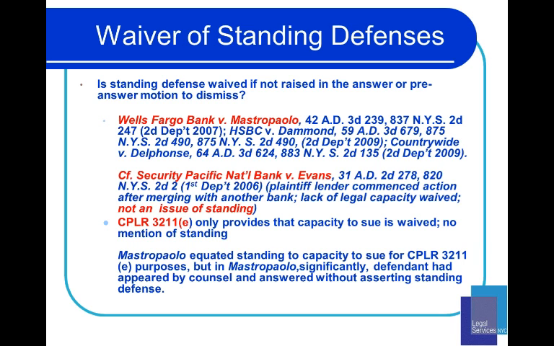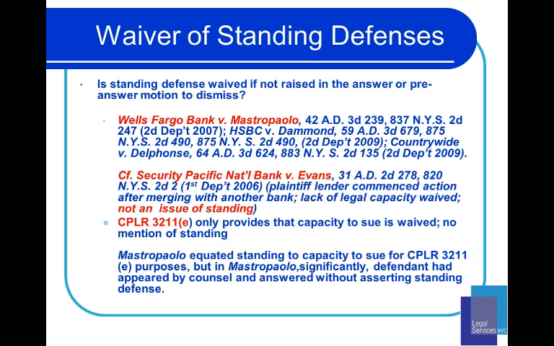But MASTROPAOLO is dead wrong because, just as a matter of the rules, standing is not capacity to sue. And there's really no reason, where the statute, the CPLR, doesn't recite standing as one of those defenses that's waived, why should you treat it the same as capacity to sue?